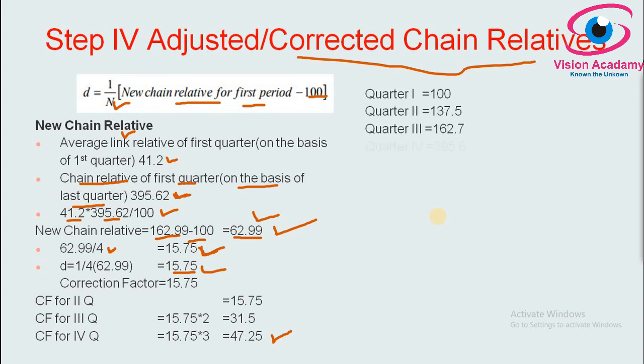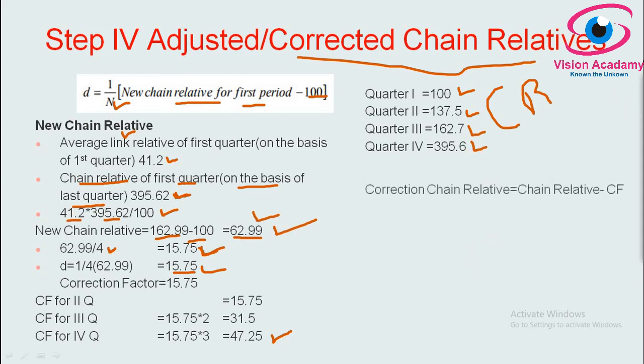These are the chain relatives of the respective quarters that we found in the third step. The chain relative of the first quarter is 100, the second quarter is 137.5, then the third quarter and the fourth quarter. So now we shall apply the formula to obtain corrected chain relatives.